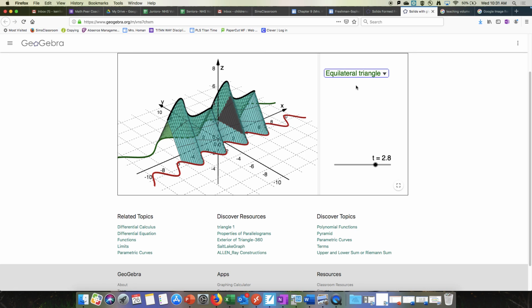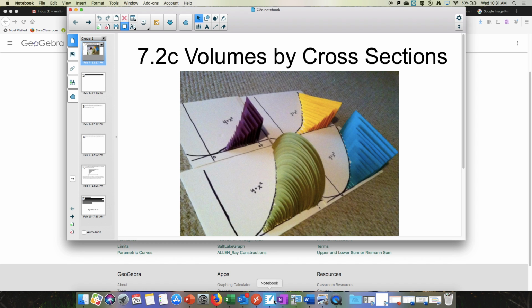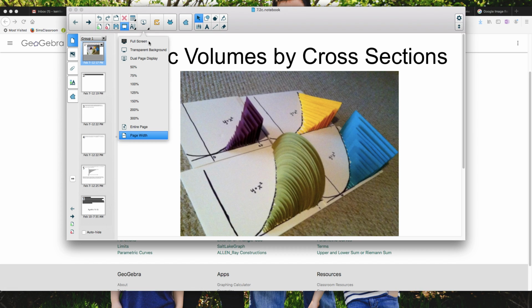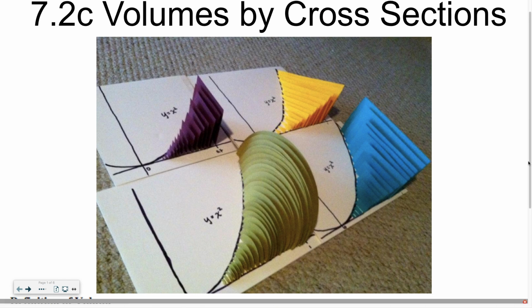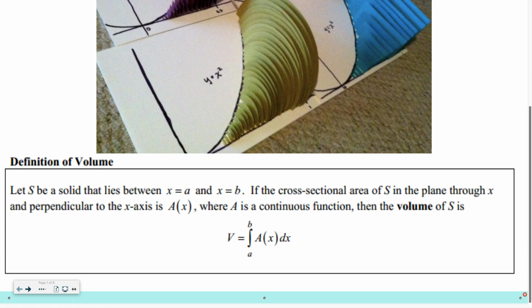If we have super thin triangles that we find the area of and we add them all together, then now we have 3 dimensions. So the way that we're going to do this using calculus is we are going to take the area and add them all up using an integral.